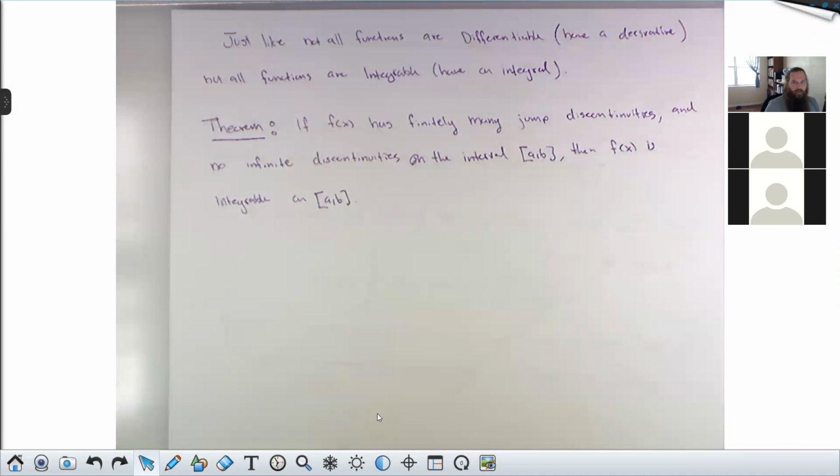And if you violate either of these things, you have infinitely many jump discontinuities or any infinite discontinuities, then you're not going to be integrable on AB.